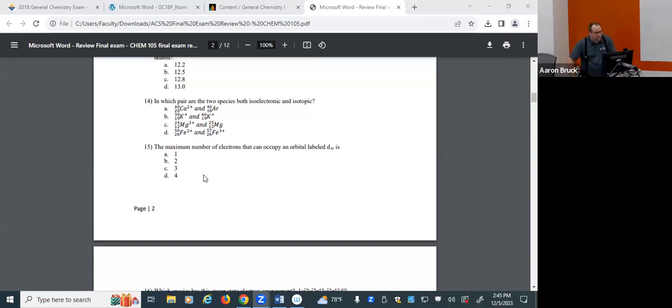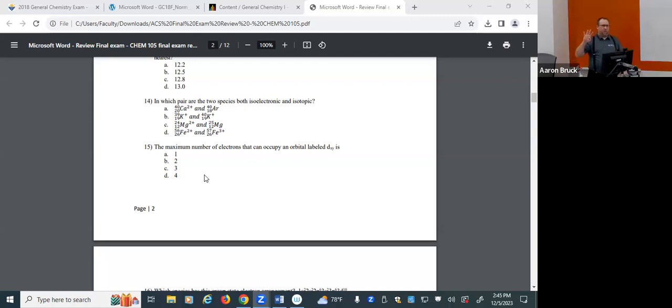To answer a question like 15, we have to go back to quantum numbers. Now, the question here isn't about quantum numbers, but you'll understand my point in a second. If you remember the 4 quantum numbers, they gave us different levels of specificity on where an electron was.